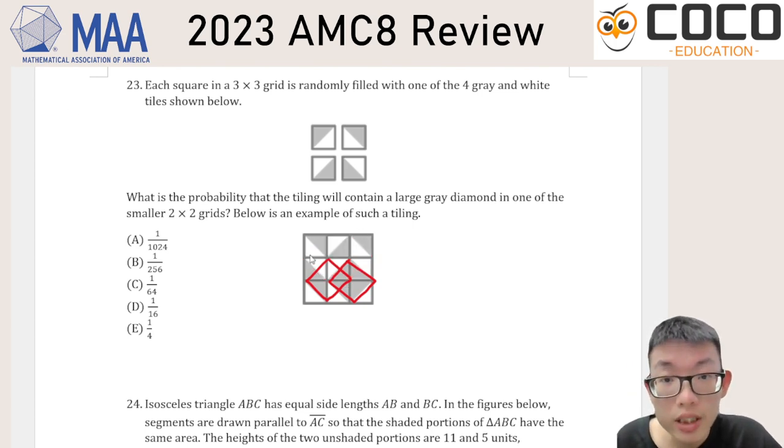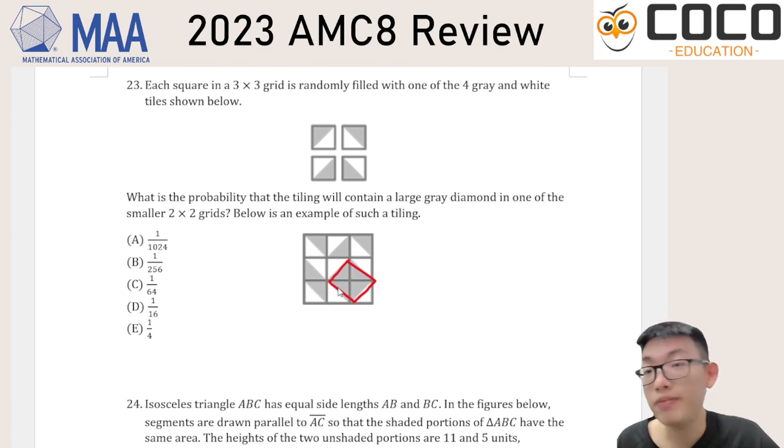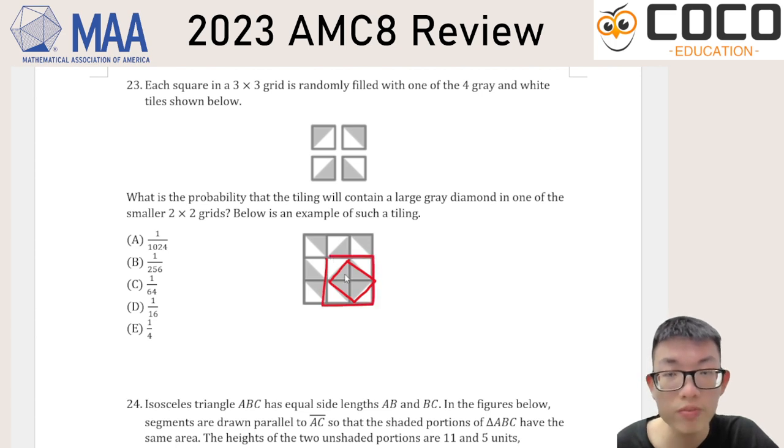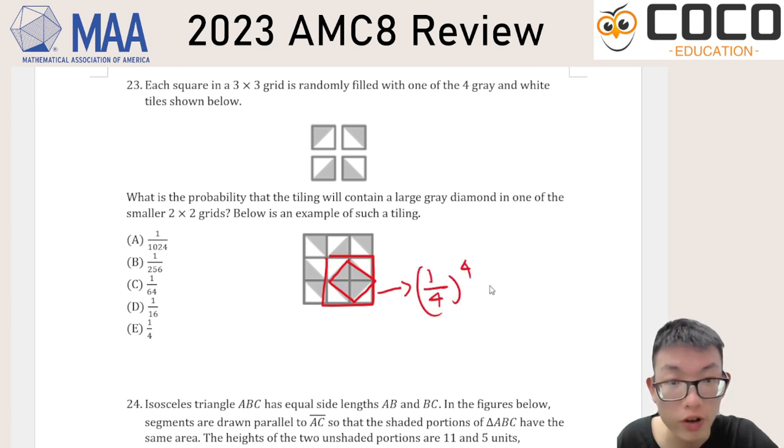So let's just focus on this one. How did this diamond become a diamond? Well, this diamond came from making 4 consecutive good choices. And the good choices have to be exactly that. It is not 1 of 2 or 1 of 3. It has to be exactly this. So the chance of getting this precisely is 1/4 to the power of 4, which is 1 over 256.